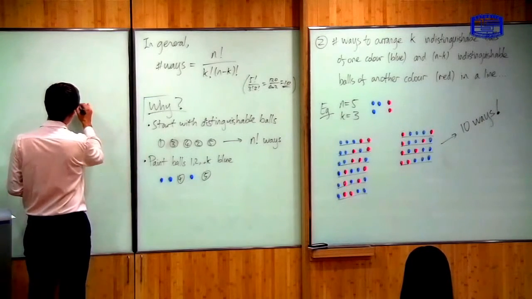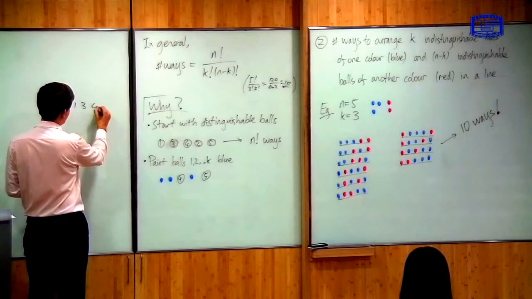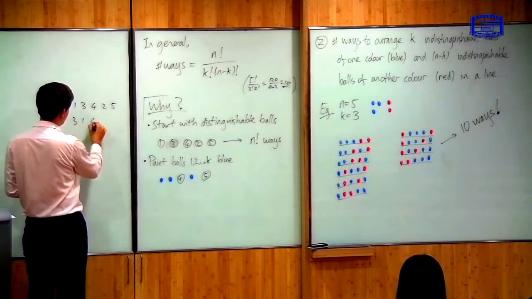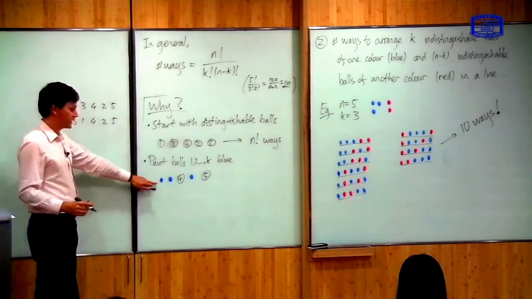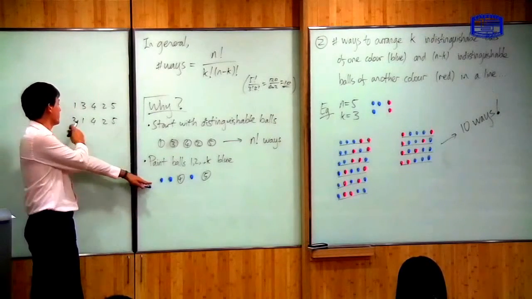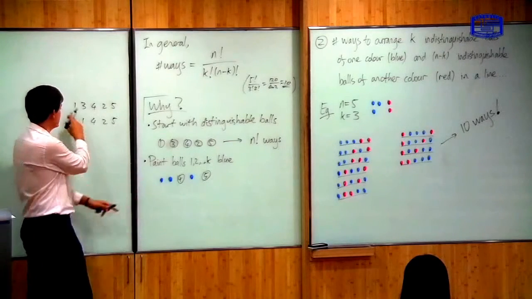Because now, I started with this, right? 1, 3, 4, 2, 5. But if instead I started with 3, 1, 4, 2, 5, I would get exactly the same result. Right? Because anyway, balls 1 and 3 are both blue. So these would all give me the same.